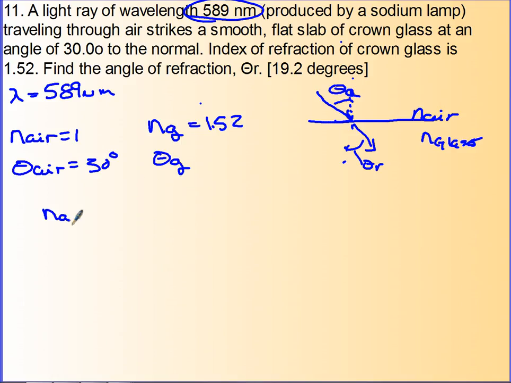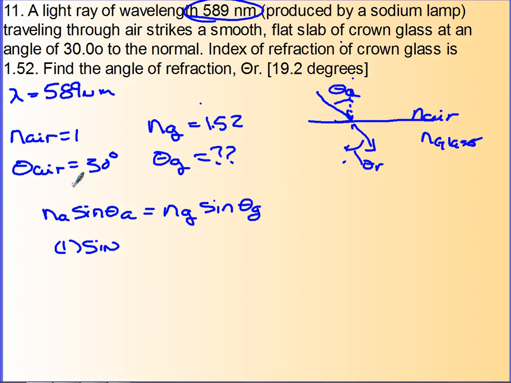So I know the index of refraction of air, sine theta air equals index of refraction of glass, sine theta of glass. Now, index of refraction of air is 1, sine theta of air is 30, equals 1.52 sine theta glass. That's what we're looking for.